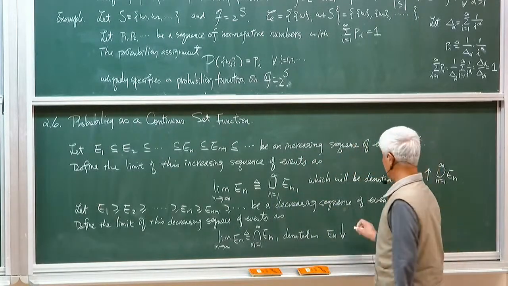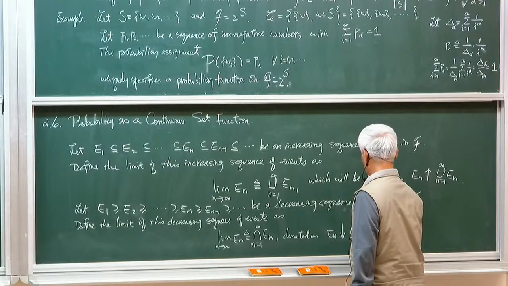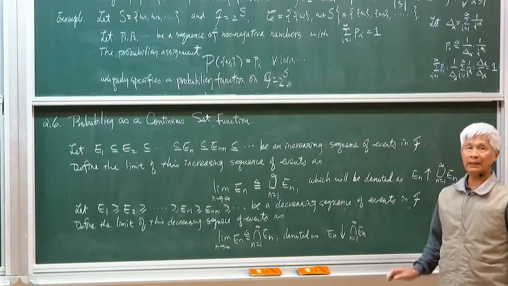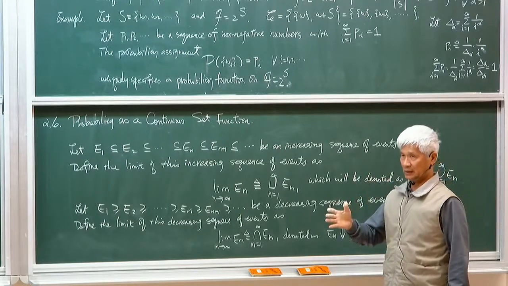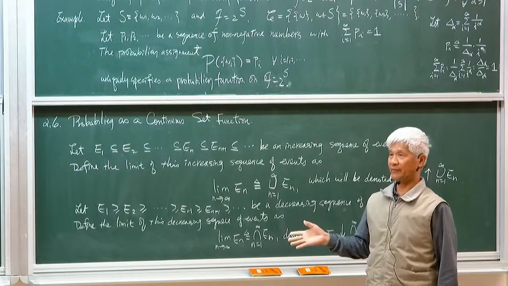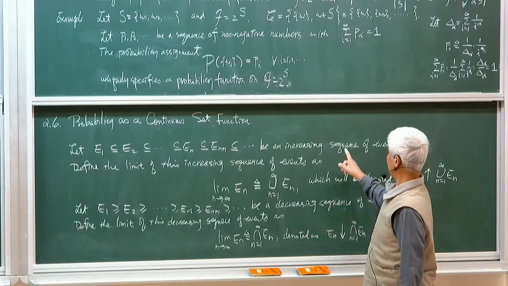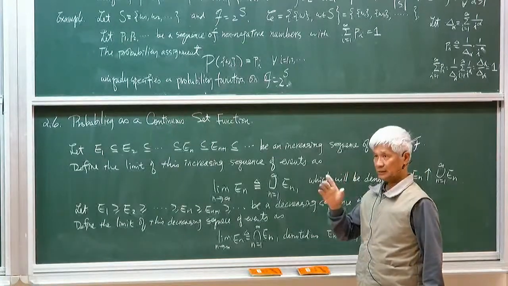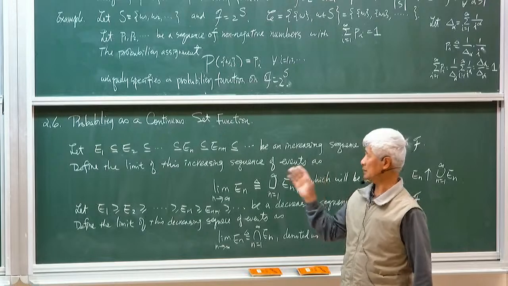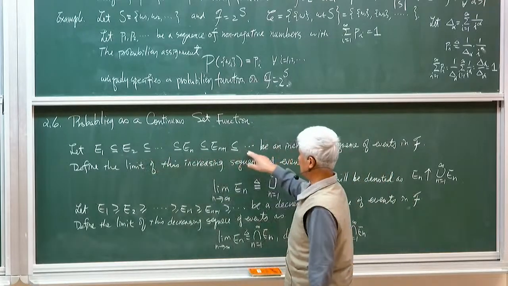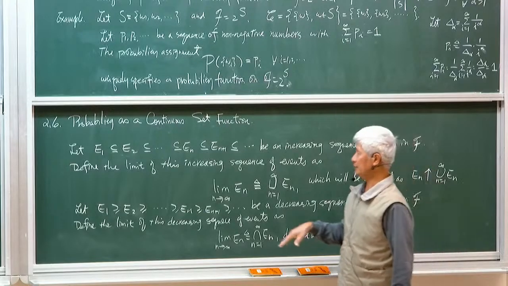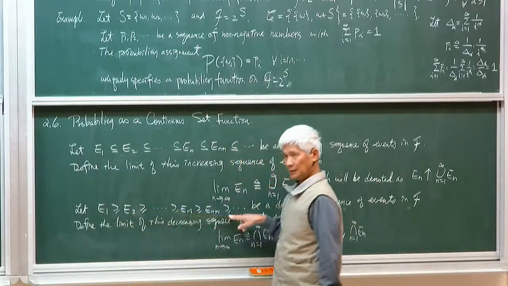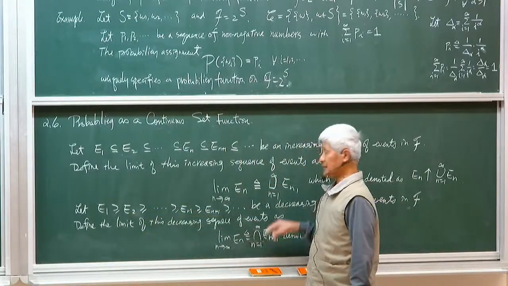So there are two situations in which we can define the limit of a sequence of events. If the sequence is increasing, so it becomes bigger and bigger, the limit will be their union. The other situation is a decreasing sequence of events, where the limit is just their intersection.